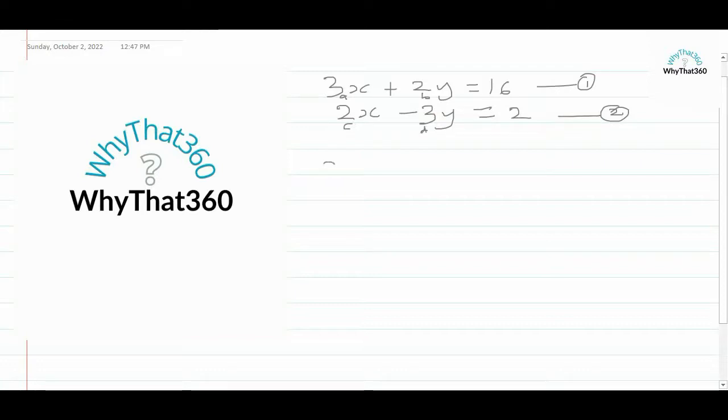AD minus BC is 3 times negative 3 minus 2 times positive 2, which gives negative 9 minus 4, which is negative 13. So that is our determinant.